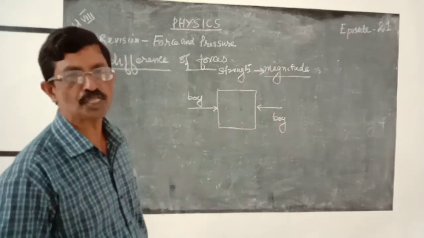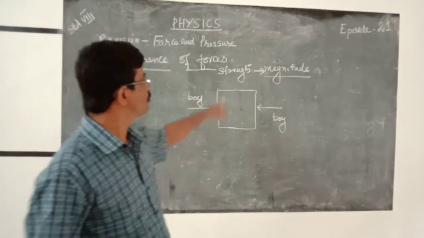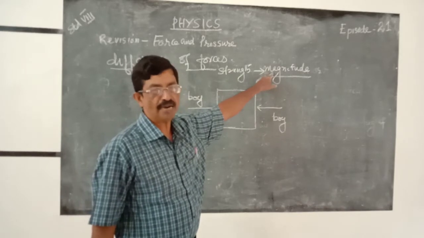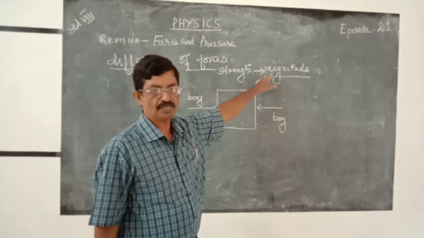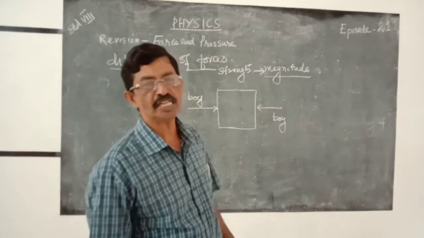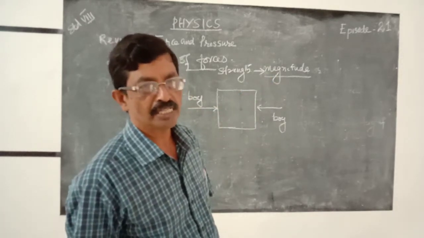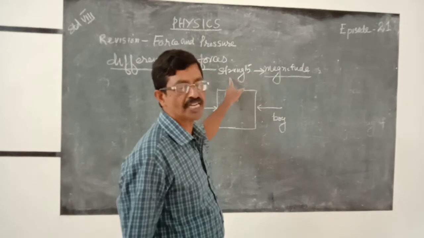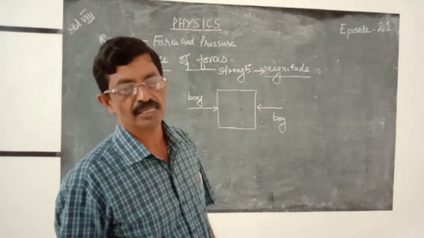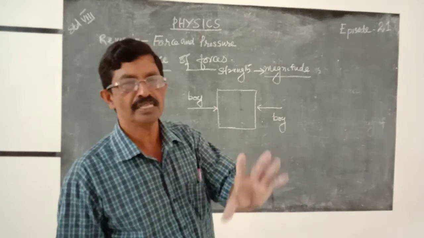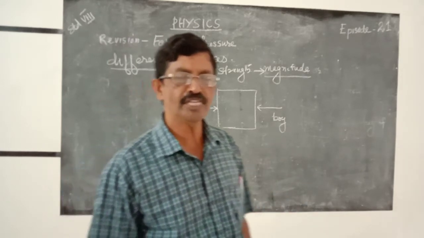Strength of the force is measured in terms of what? Magnitude. But there is direction also. That means in which direction the force is greater, in that direction the force is acting. So force is a vector quantity.